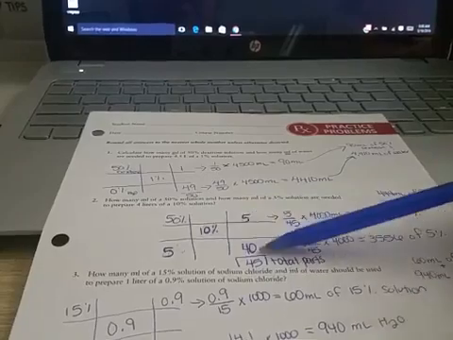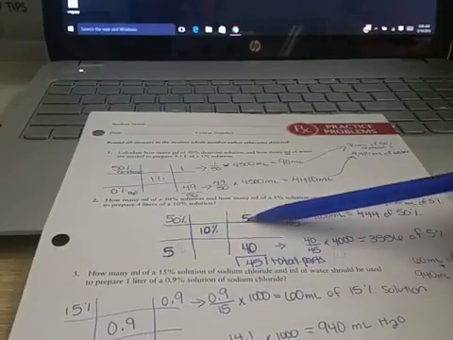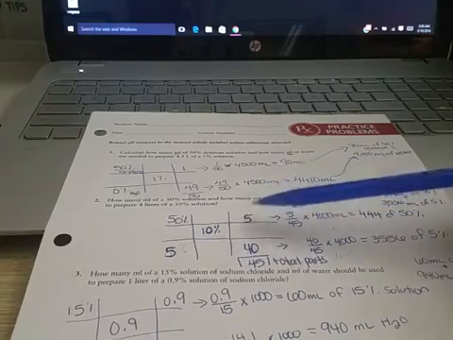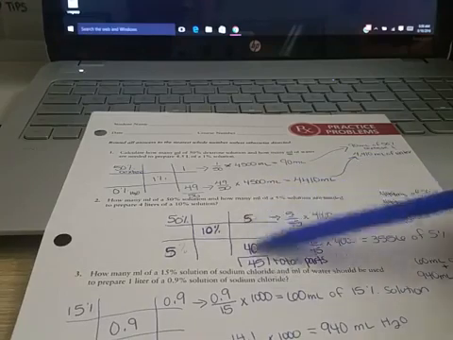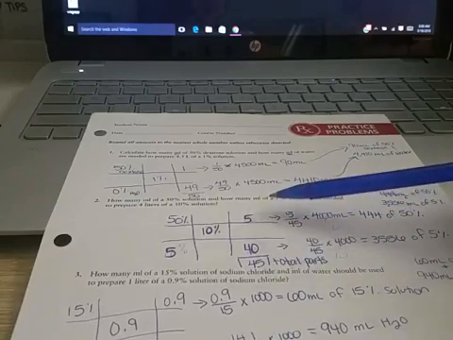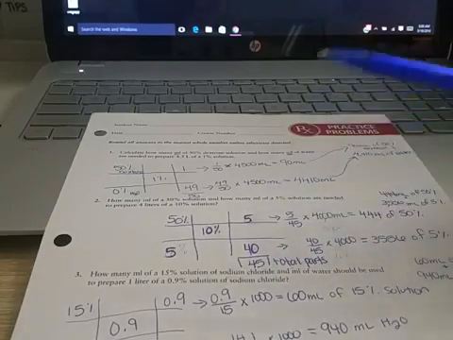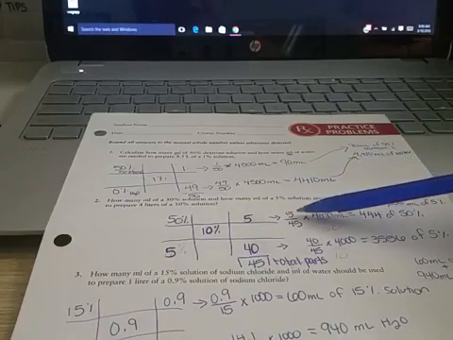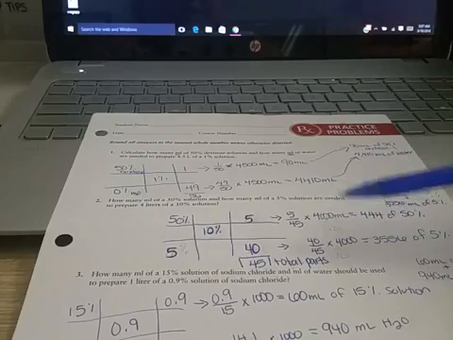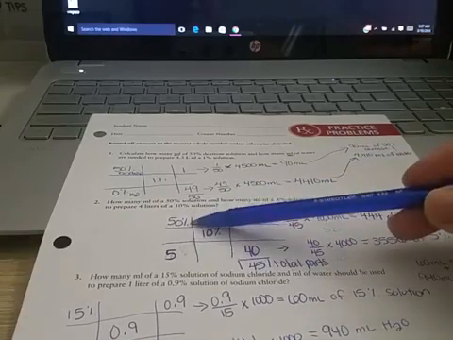So 50 minus 10 is 40. 5 minus 10 is 5. Okay? Because there's no negatives. So in total, you have 45 parts. So then you add these parts together. Okay? 45 parts in this formula. Okay? And out of those 45 parts, 5 out of the 45 needs to be 50% solution.